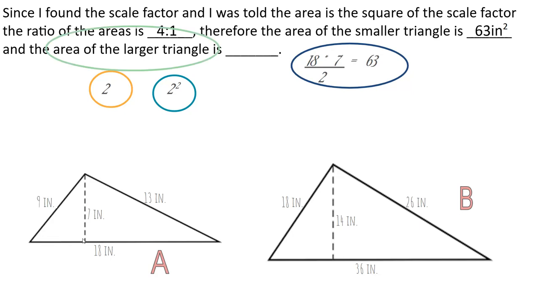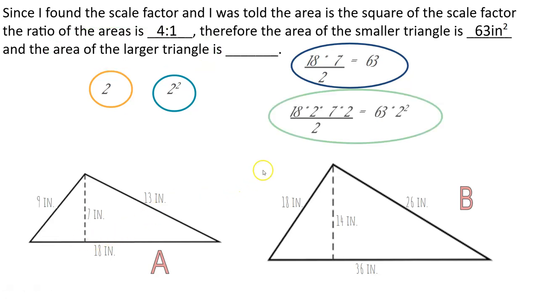In the larger triangle, I'm going to go ahead and write out how I would multiply each of the base and the height times 2. Notice here my base is doubled. It's 36 inches.